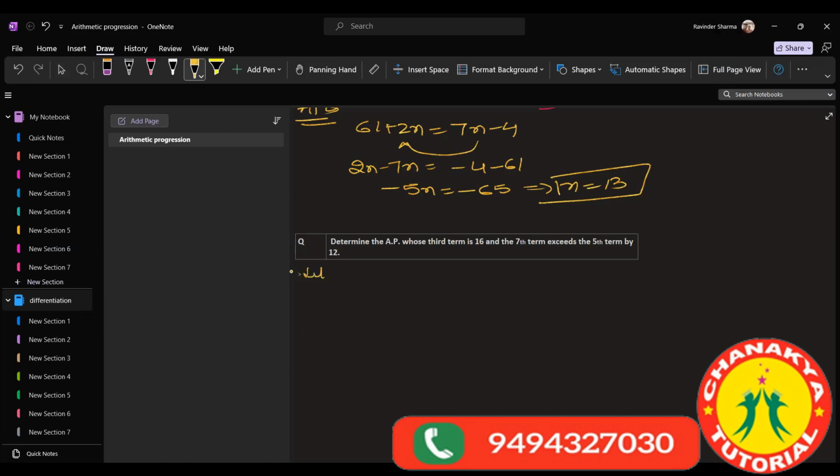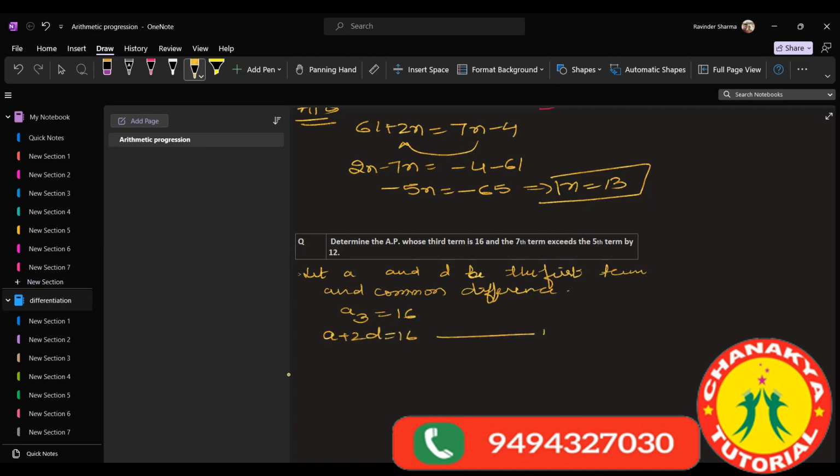So you will write, first of all, let A and D be the first term and common difference. Now the third term is given as 16. So the third term you can write as a plus 2d. Right, children? Yes, ma'am. This is your equation 1.